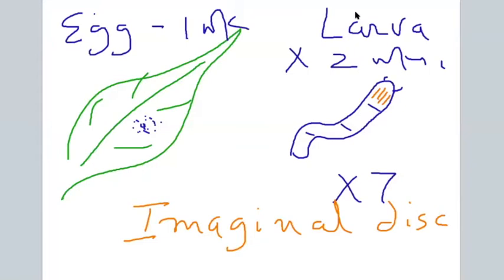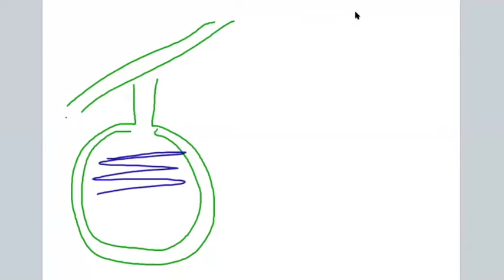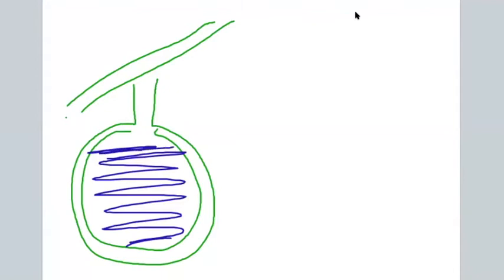I may have to draw this. So there is imaginal disc. So if I am to draw the pupa again, so this is pupa, and we saw the future butterfly.